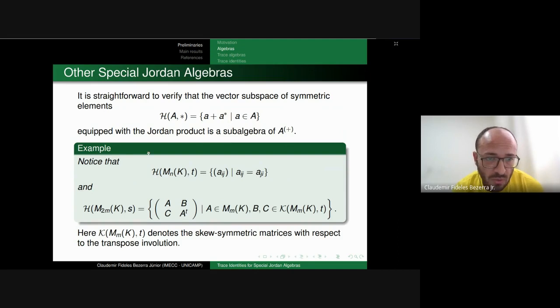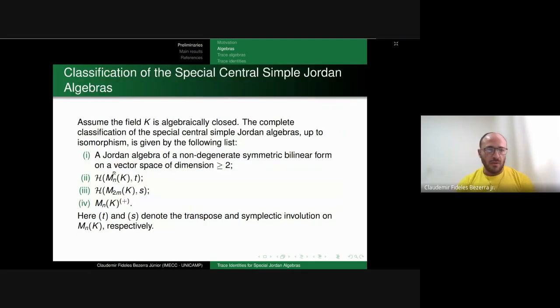Concretely, we can see this algebra of symmetric elements for the transpose involution, and this algebra is the same when considering the symplectic involution.